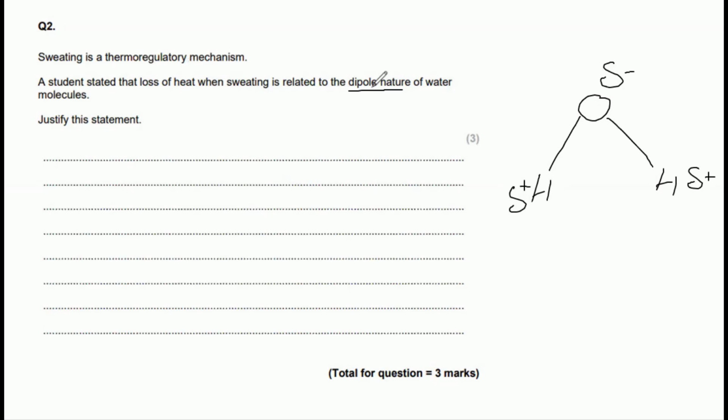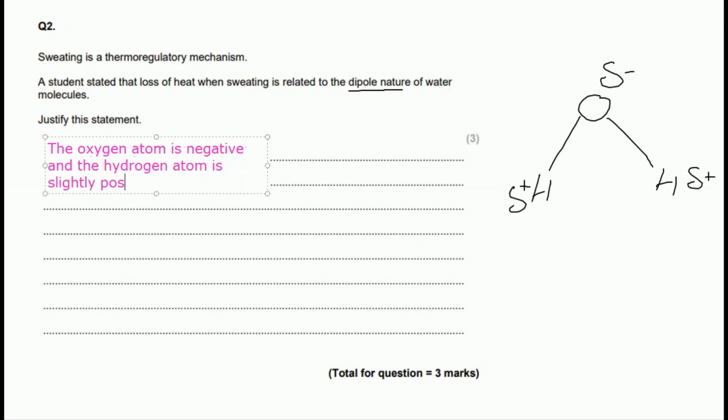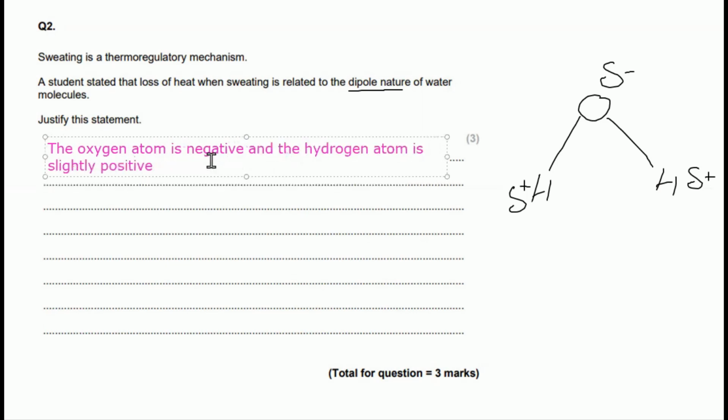So this means my first statement will be to explain why water has a dipole nature. So the oxygen atom is negative and the hydrogen atom is slightly positive. So straight away, I want to get that out there. Okay. What does that mean?